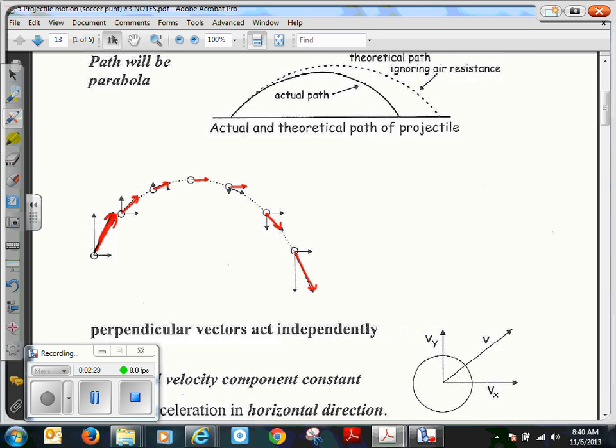It's on a tangent to the path, right? Tangent means that it touches the curve in only one point. And so at any instant, the instantaneous velocity of projectile motion will be in the direction of a tangent to the path at that point.